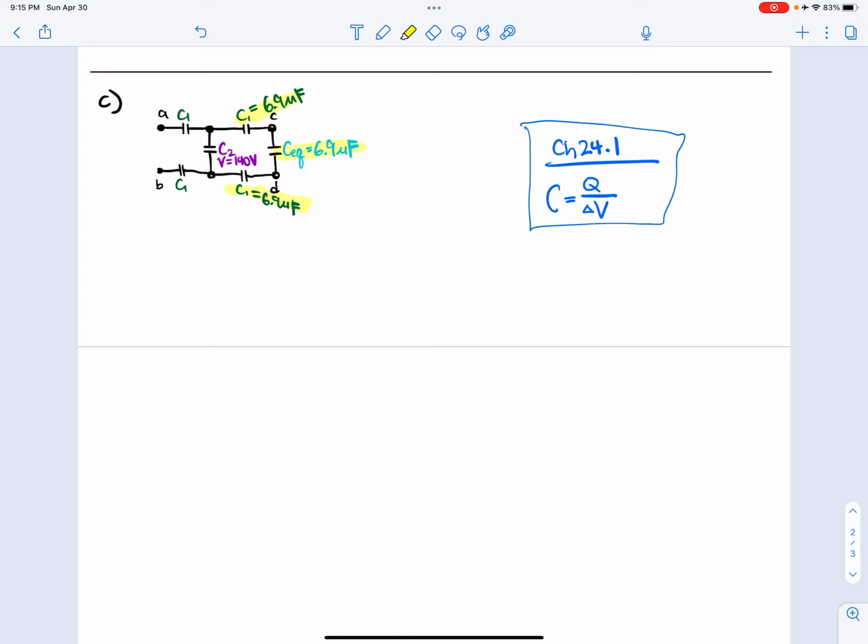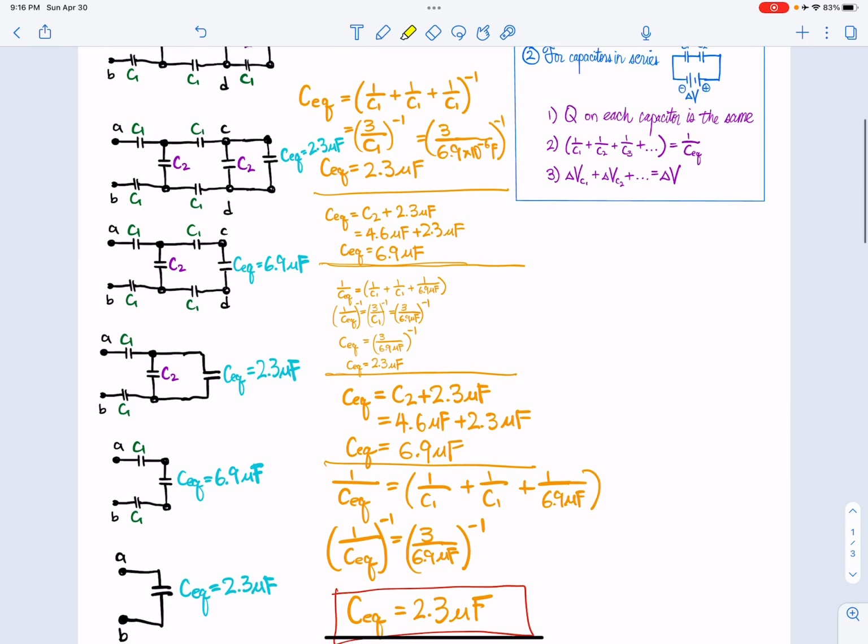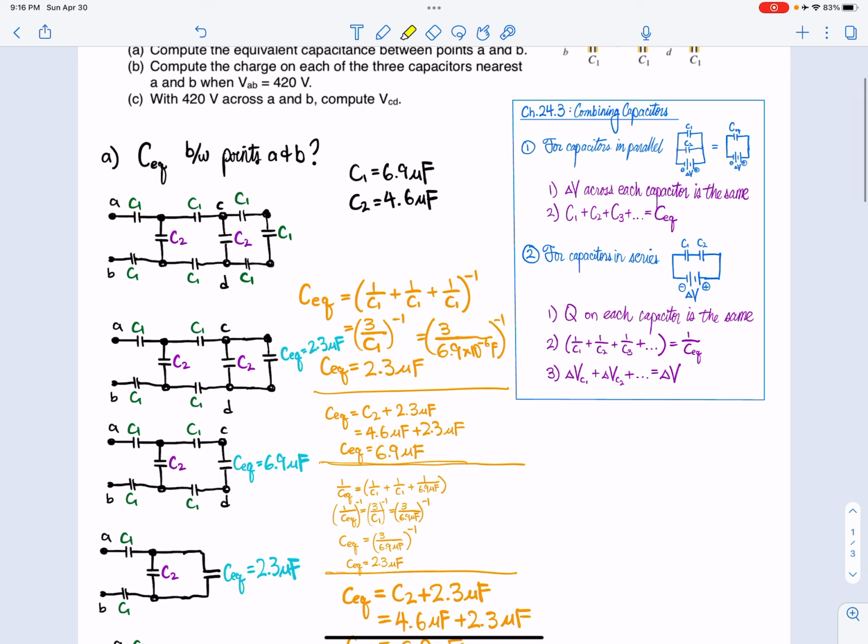They're all 6.9 microfarads. And because they are in series, according to the capacitors in series part of chapter 24, section 3, the charge on each capacitor is going to be the same.